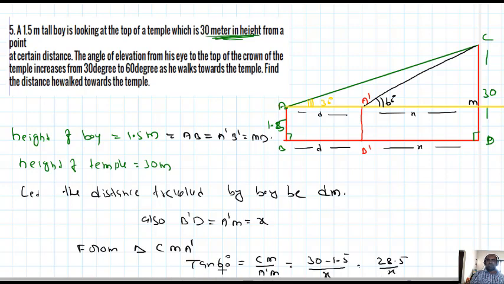Tan 60 is root 3, so root 3 x equals 28.5. Let it be equation number 1.